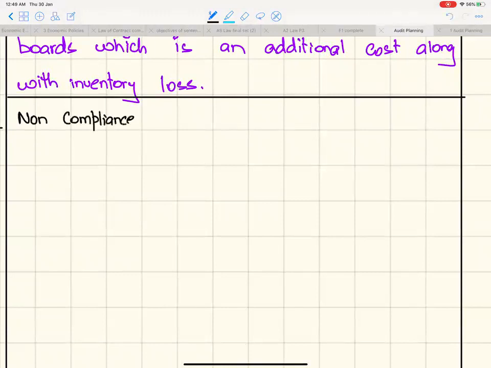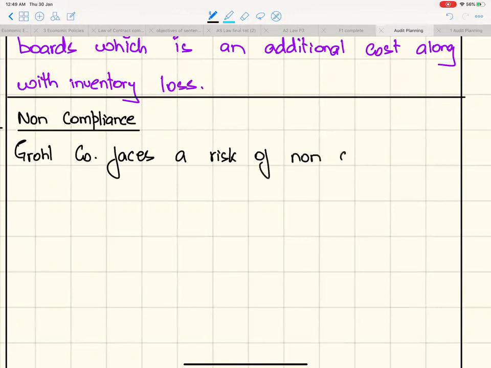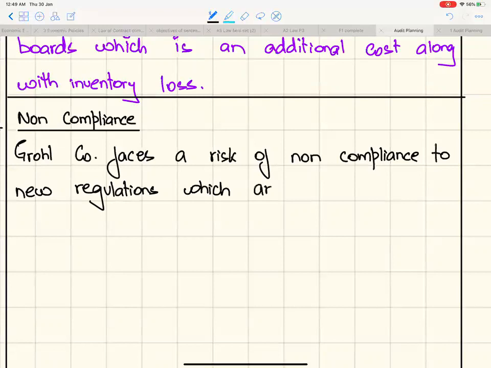Grahal company faces a risk of non-compliance to new regulations which will become applicable 4 months after year end.